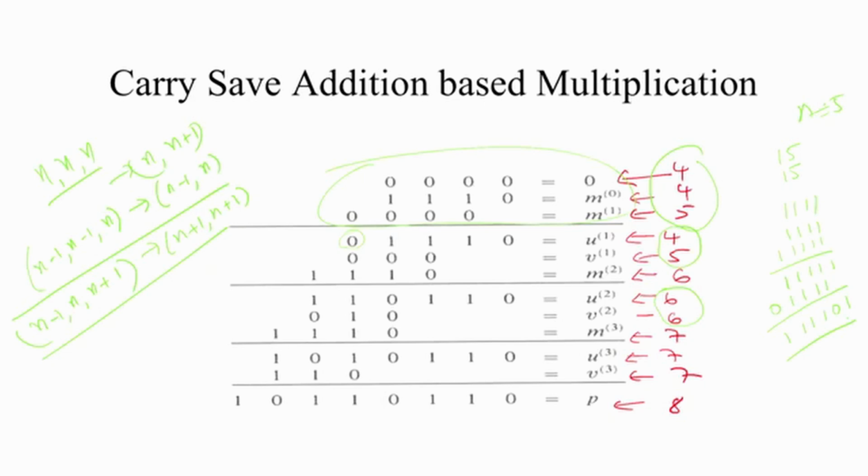Okay. So if I have n minus 1, n minus 1, n, I get 6, yeah. n minus 1, n minus 1, n, no, I am not doing the addition, right. This is n and n.